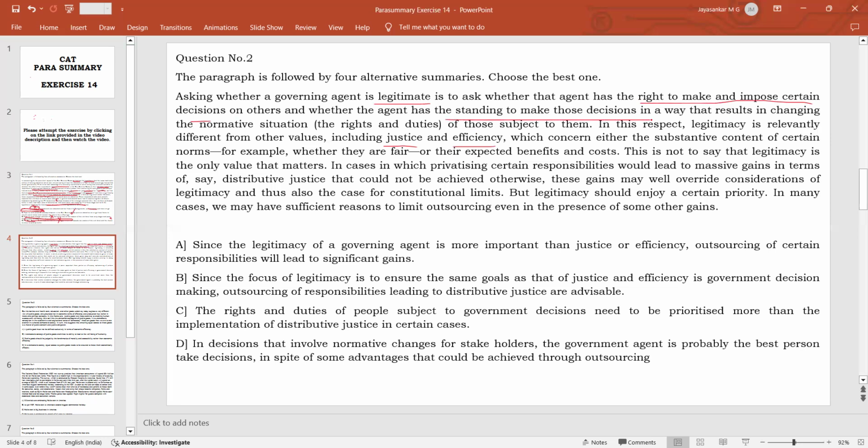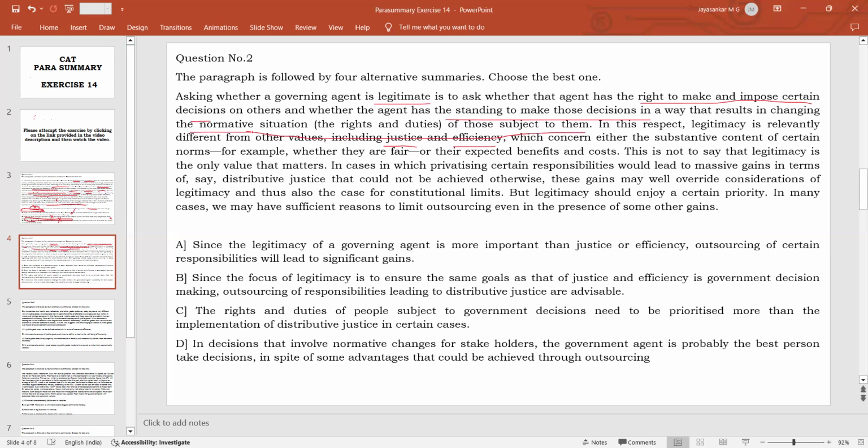So when you talk about the legitimacy of a body that is making decisions, you are talking about the authority of that body to take a particular decision and the eligibility or the qualification of that body to take a decision, because these decisions are changing the normative situation of the people who are going to be affected by the decision.